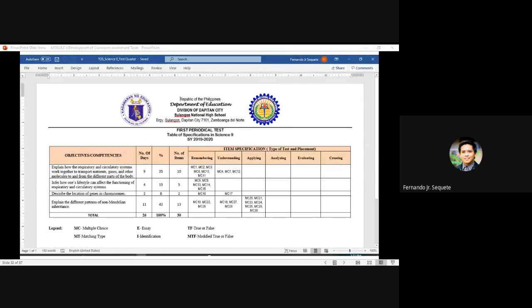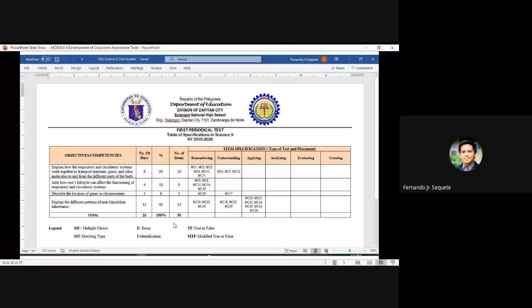Okay. So, share screen. Okay. Is this visible? So what we will do here, this is very simple. We have the number of days here, then the percentage, and then how many items we will get from the test out of 30 items.